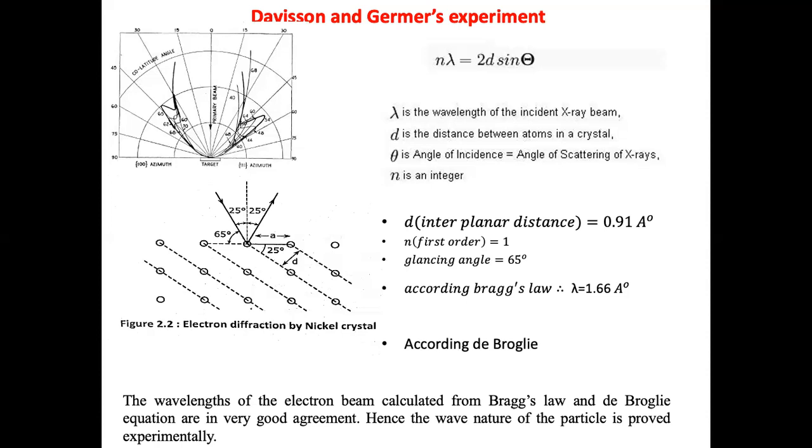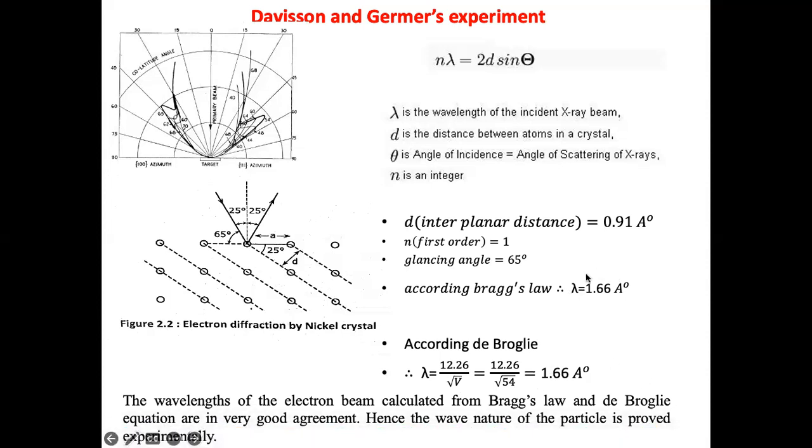According to the de Broglie condition, lambda is equal to 12.26 by under root of V. We derived this formula in the previous class. Here we take the potential at which the maximum hump is formed, that is 54 volts. So we substitute 54 volts in this formula. We get lambda equal to 1.66 angstroms.